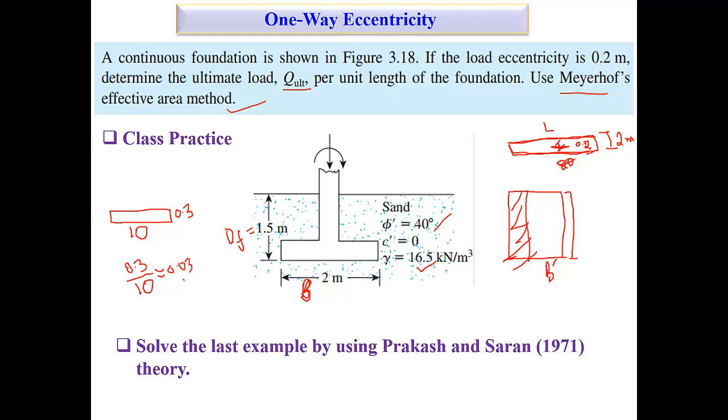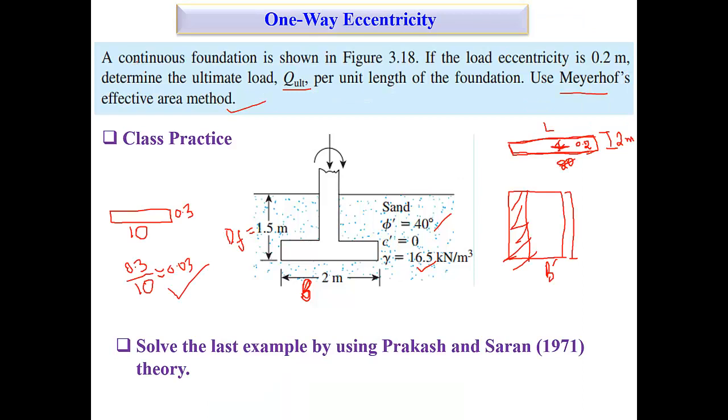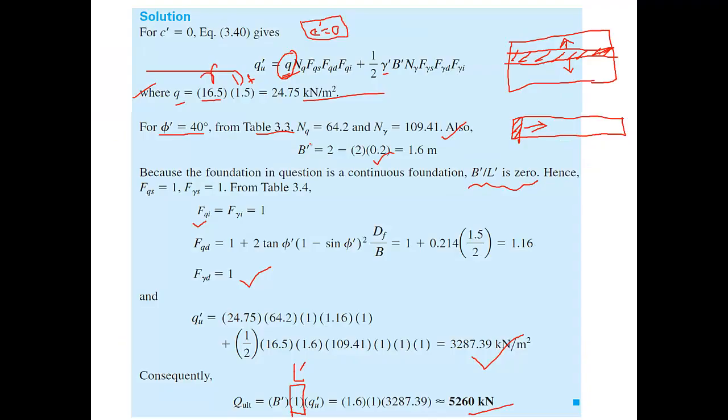You understand? So in this scenario, the length of the foundation is very high compared to its width. That's why we consider this ratio equal to 0. And when it's equivalent to 0, we consider it what kind of foundation? Continuous foundation. Okay. Any more doubt?